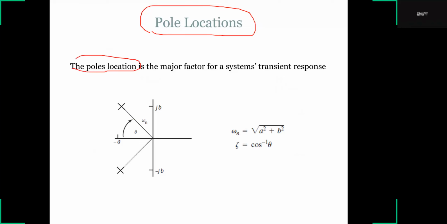If the pole location is in the minus half plane, we say the system is stable.